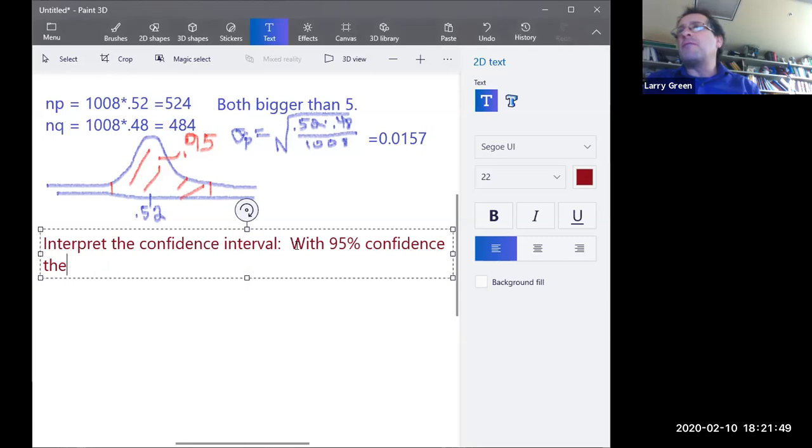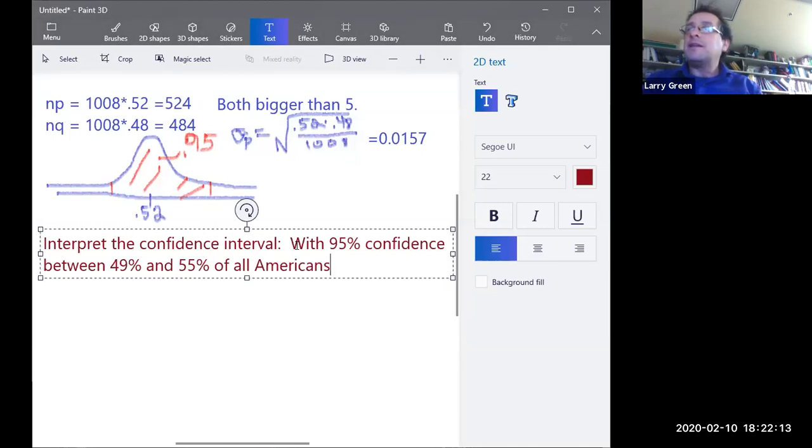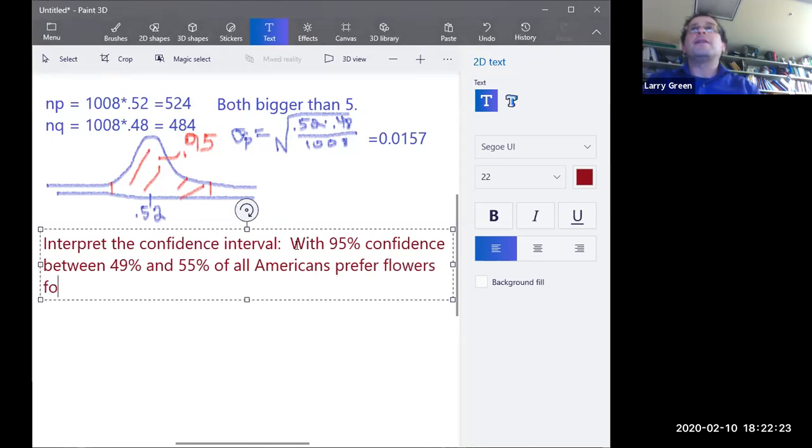Or even better with percents, it's a little better, with 95% confidence between 49%, because 0.49 is 49%, and 55% of all Americans, not the sample, but the entire population, prefer flowers for Valentine's Day.